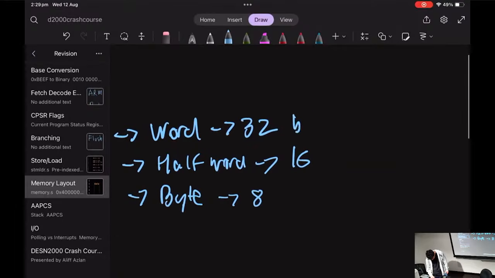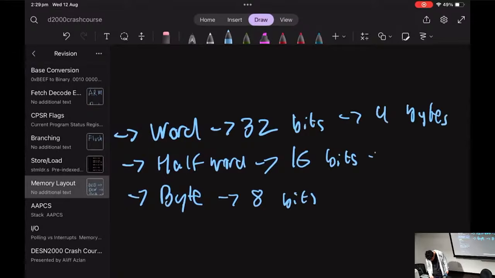So we have 32 bits, 16 bits, and 8 bits. And this also corresponds to 4 bytes, 2 bytes, and 1 byte.